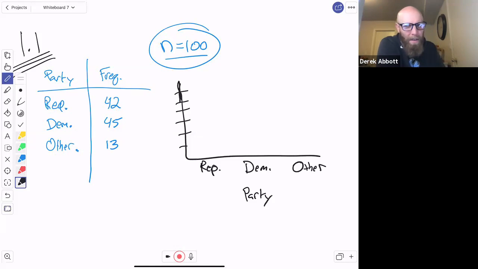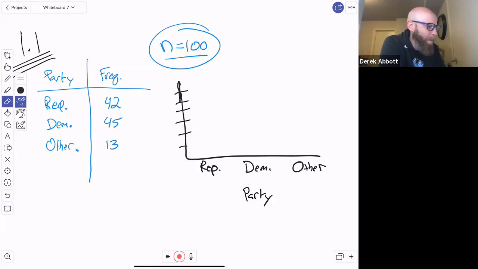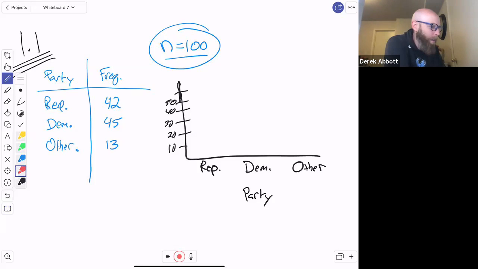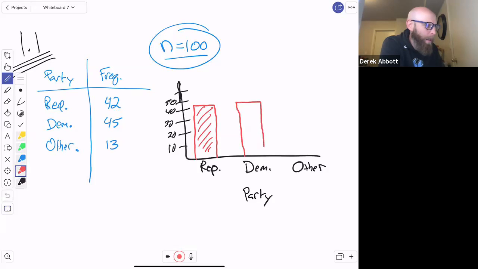If we're doing a general scale, we might do 10, 20, 30, 40, 50, and then you're just going to put a bar above each of these. So Republican is 42. Again, this is just made up data, but just trying to give a basic idea of what's happening here. Democrat would be 45, so slightly higher.